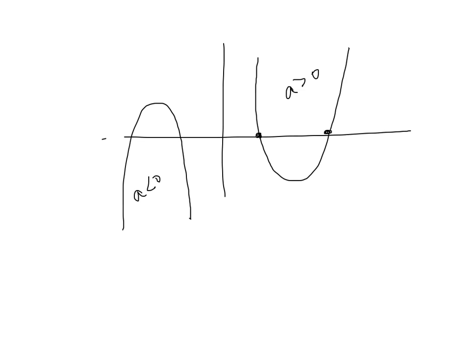Now, as you can see, for the case a is greater than 0, your vertex has to be below the x-axis. In the case that the quadratic opens downward, your vertex is above the x-axis. In these two cases, you have two zeros, or two x-intercepts, or two solutions to your quadratic equation.